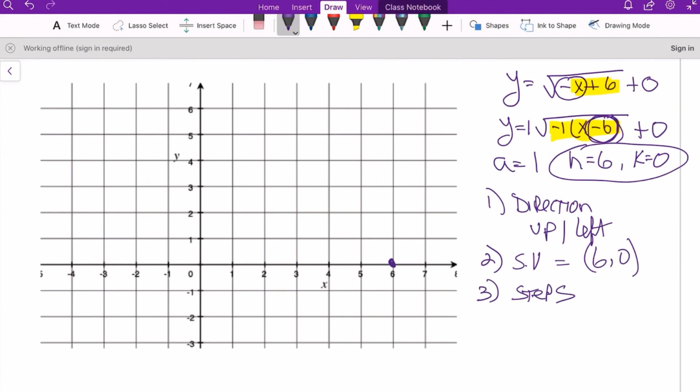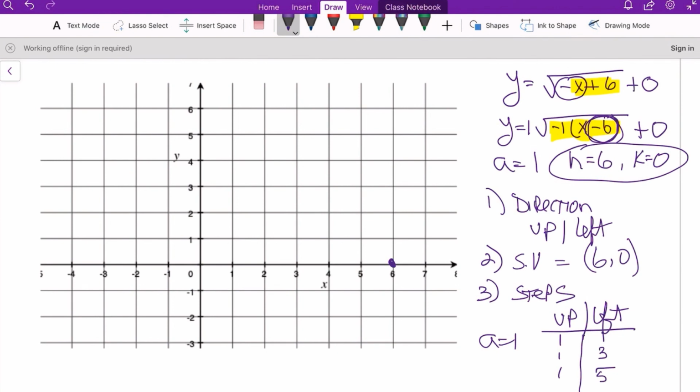And we're going to wind up going up and left. And my a value is 1, so I'm not really going to change anything in this column. I don't have to multiply anything in this up column. So it's going to wind up being up 1, up 1, up 1 again. And then the pattern is going to be left 1, left 3, left 5.